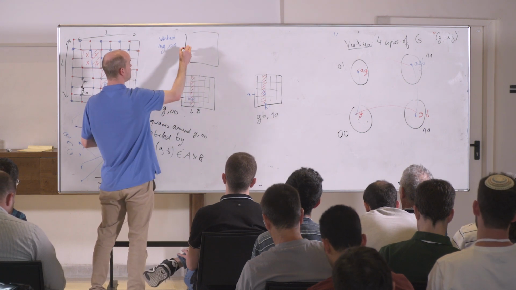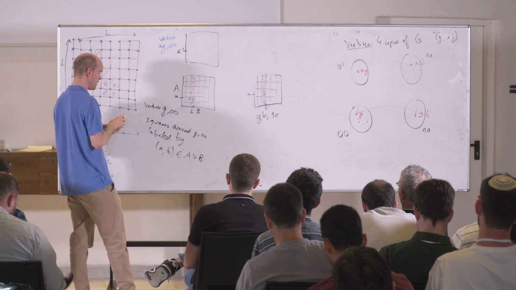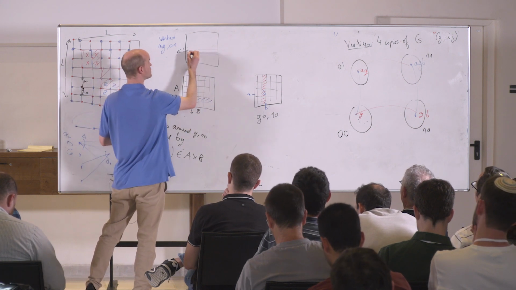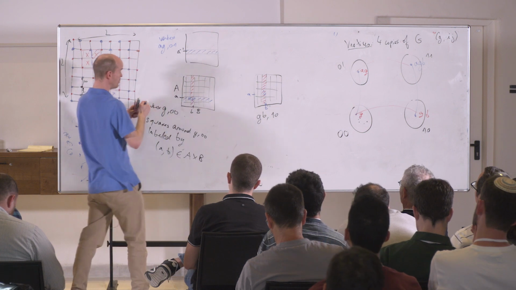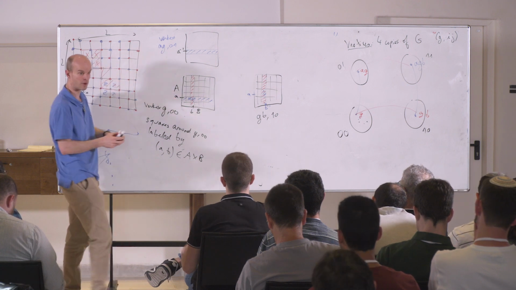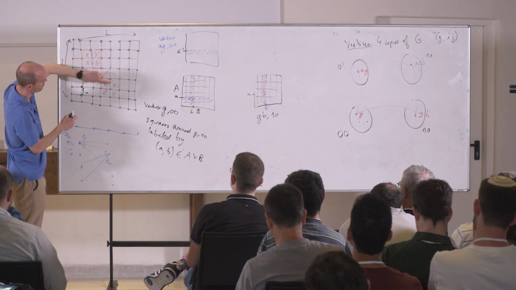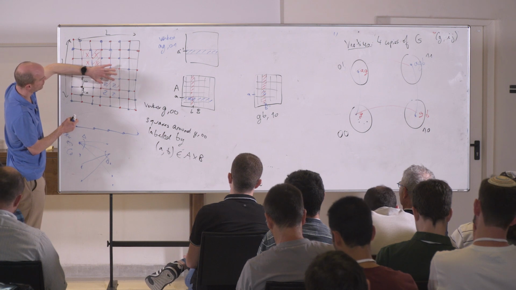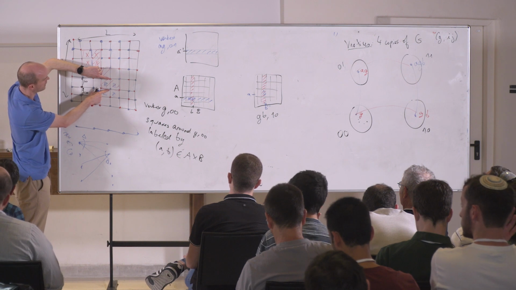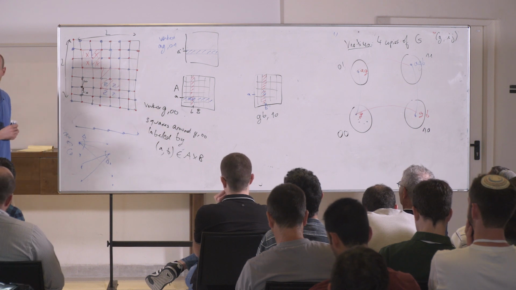And now what will happen is that if you look at the row corresponding to A minus 1, then the squares in this row will be both in the neighborhood of this vertex and in the neighborhood of that vertex. Exactly like for the surface code or the toric code, if we move up from one vertex to the other, the set of squares which are incident to these two vertices share a line or a row of squares.